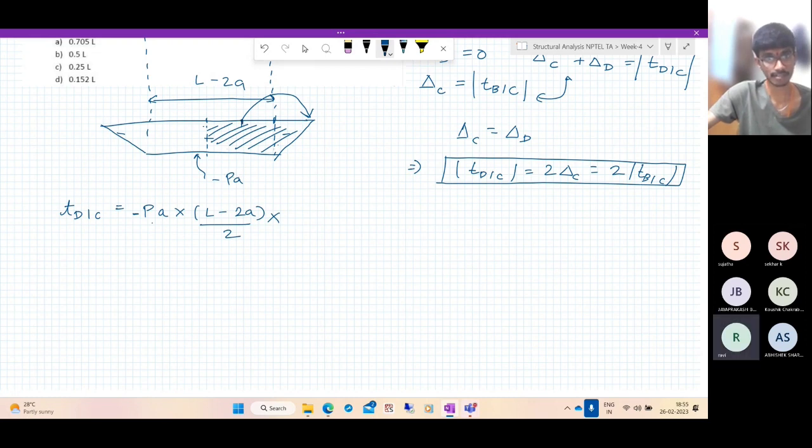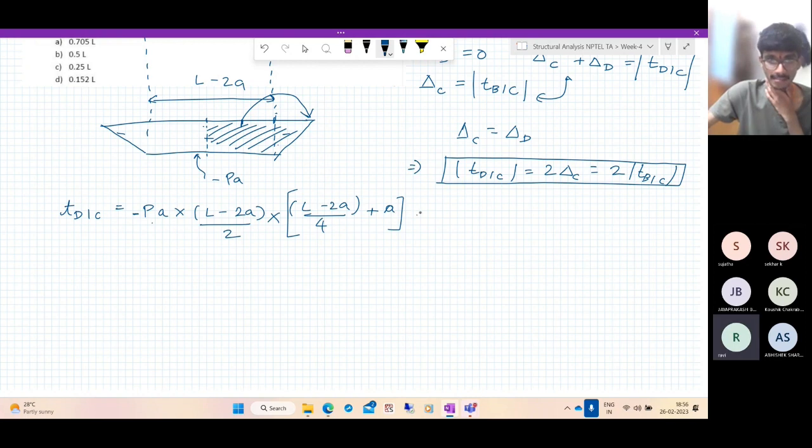And where is its midpoint? It is here, which is L minus 2A by 2 by 2, which is L minus 2A by 4. So this distance is L minus 2A by 4 plus A. And yeah, that's it for the rectangle.